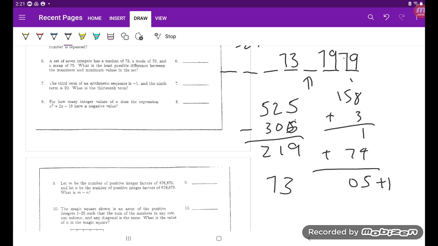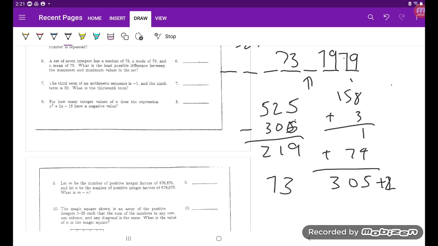That also shows these 3 numbers would be 73, 73, 73 if we want them as close together as possible. But then the mode wouldn't be 79, so it can't be 75 either. Then we can try 76.